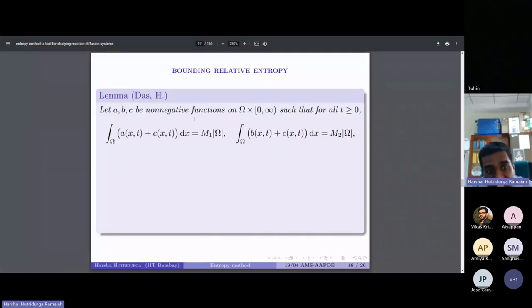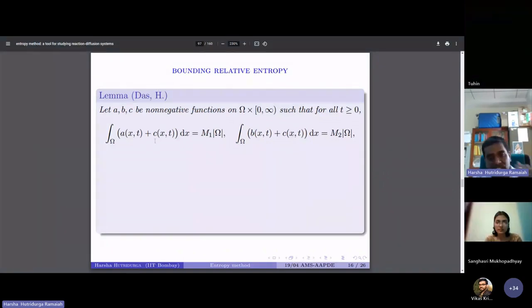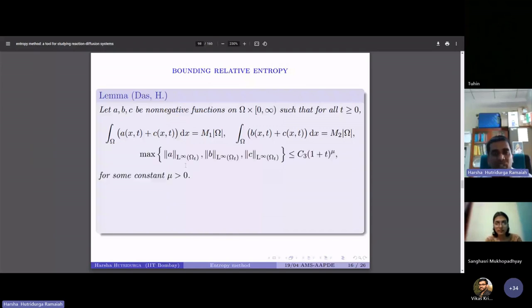So now this is again a generic result, about functions and not just functions which are solutions to a differential equation. You take any three non-negative functions A, B, C, functions of space and time, such that A plus C averages to m1 for every time t, and B plus C averages to m2 for every time t. And furthermore, the L infinity norm in omega t, where omega t is our notation for the parabolic cylinder, that is omega cross 0 to t.